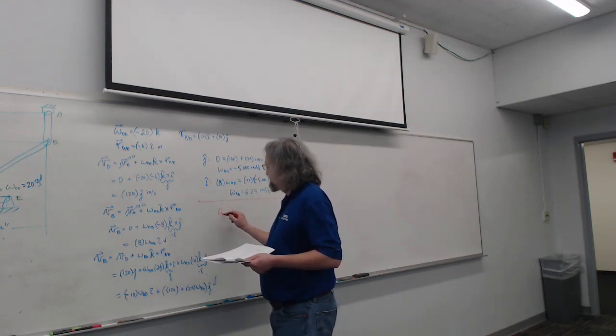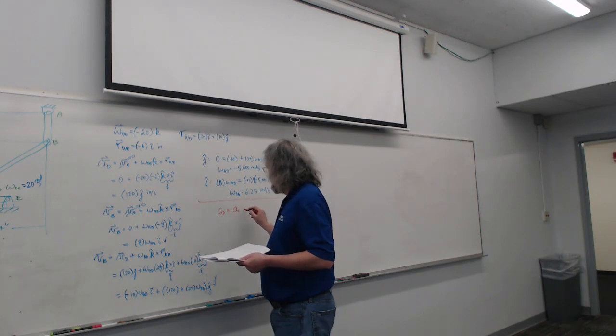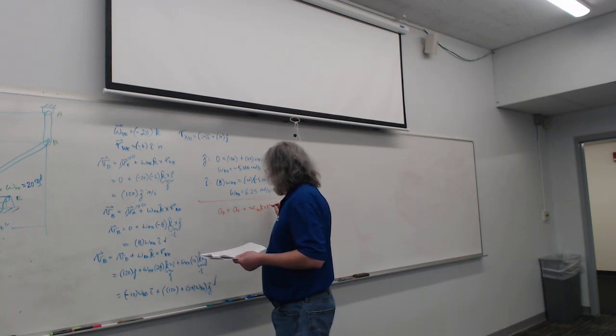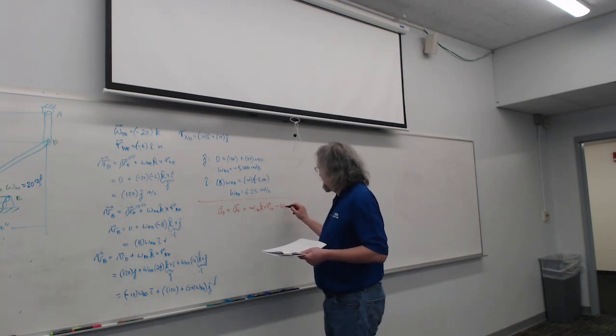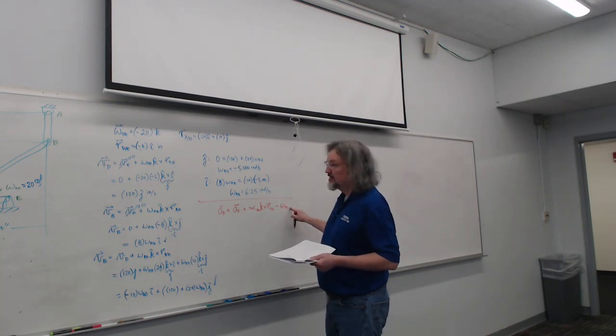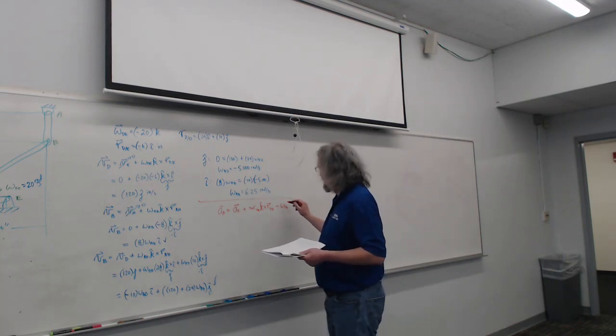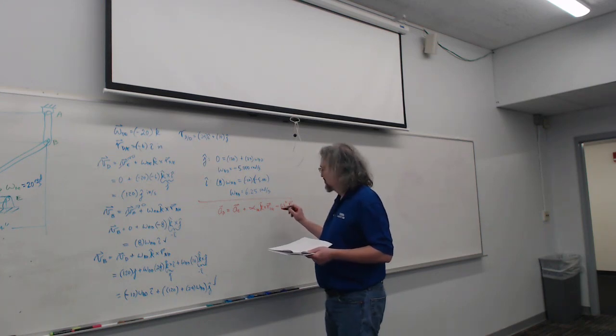The acceleration of D is equal to the acceleration of E plus alpha dE K crossed with R D with respect to E minus omega dE squared R D with respect to E. But that's stationary.